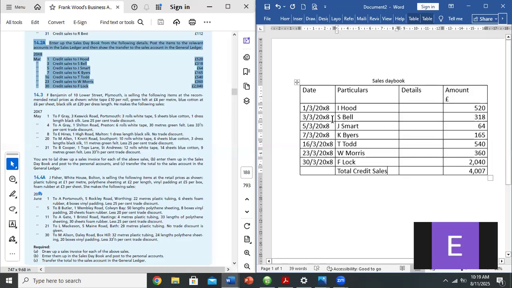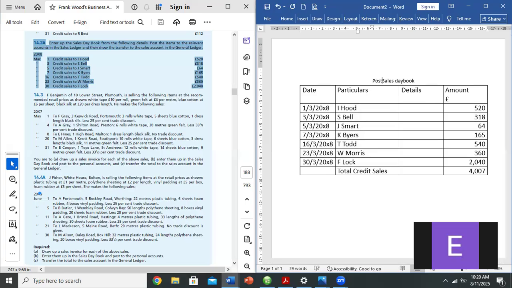So for the sales daybook, you see these individual customers who are now owing the business because we sold goods to them. We are going to post the individual debtors or customers account into the sales ledger. And if you remember, we said the sales ledger keeps account of debtors.